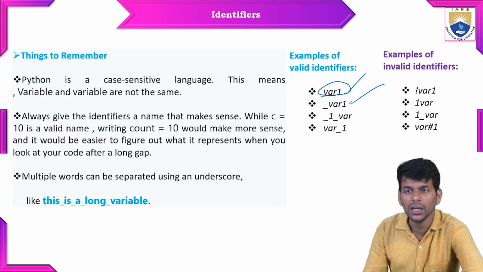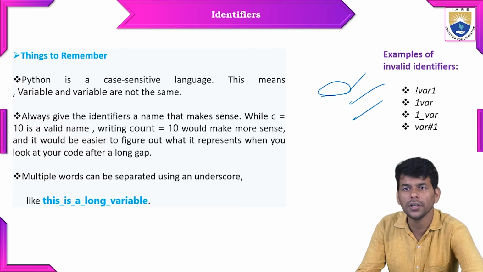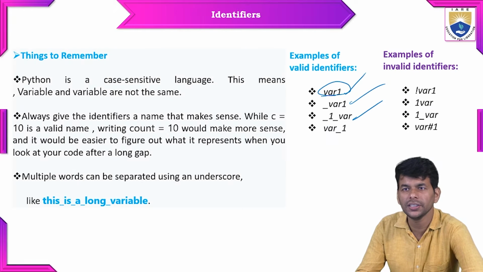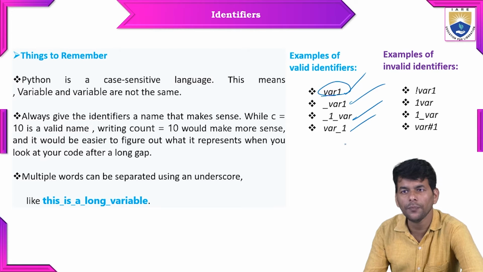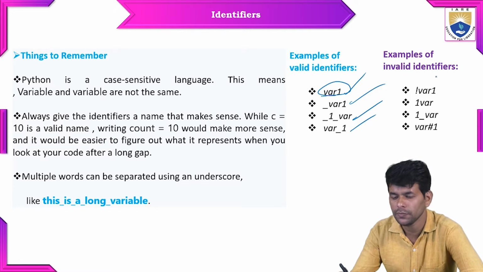The next one starts with an underscore, digit, underscore, var. It is also valid based on the guidelines we have here. These are the four guidelines for declaring an identifier, and based on them these three are valid identifiers. The fourth one, var underscore 1, is also a valid identifier based on the guidelines.